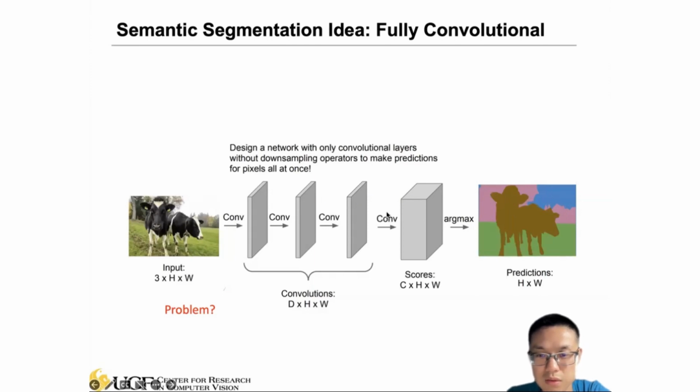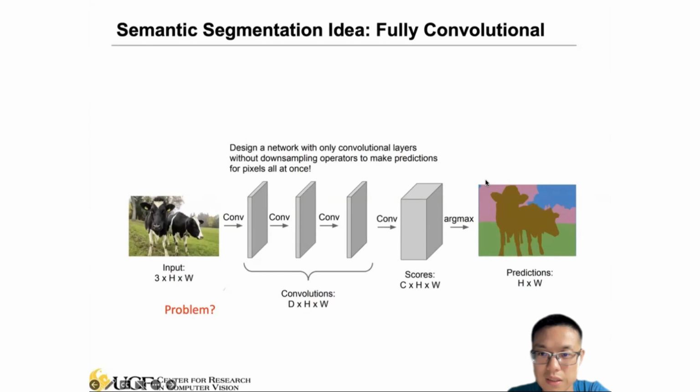So if we're using pooling to reduce the size, maybe you're not able to generate a segmentation map of the same size. So the simple way is to just remove the pooling. Let's only keep the convolutional layers so that we always keep the full resolution of the original input, and we extract features, and at the end we generate, let's say here we have 10 classes, an H times W times 10 feature map.